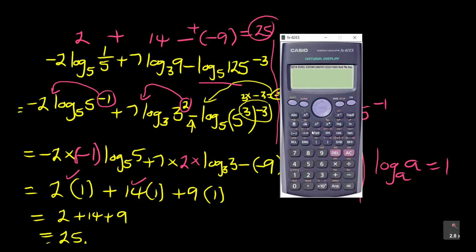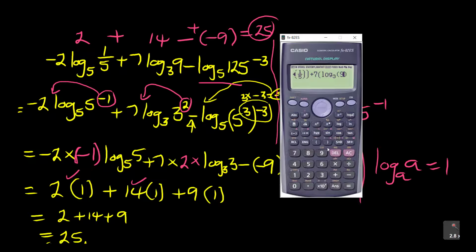Let's do it again. -2 bracket log base 5 of 1/5, and then I have to close that bracket, and then I've got what? Plus 7 bracket log 3 of 9.